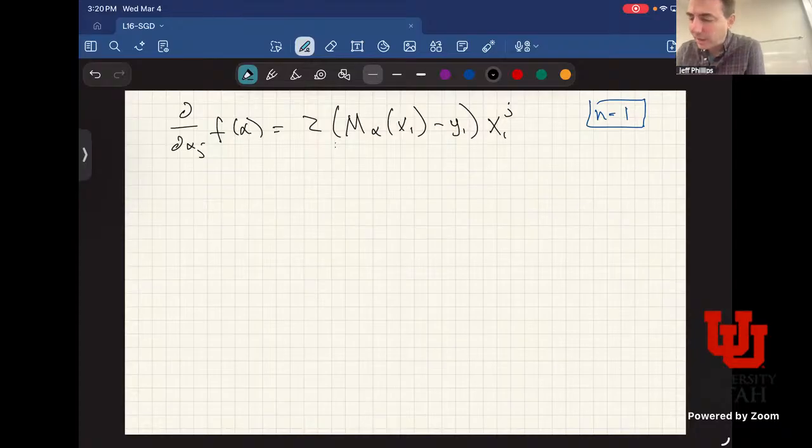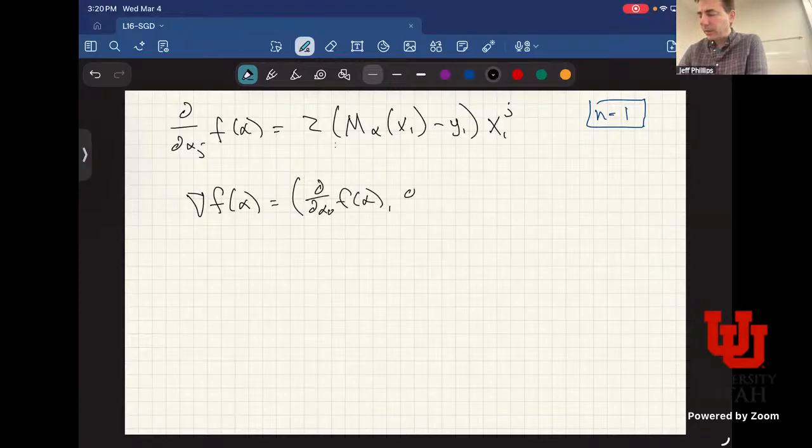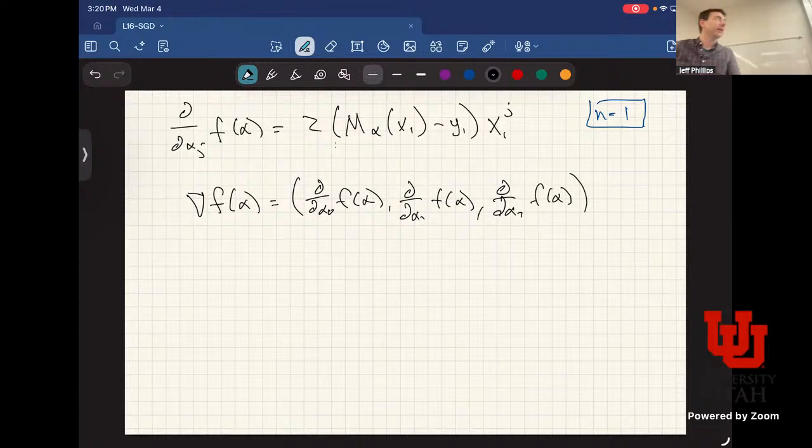So now I can write down that the overall gradient of f of alpha is going to be the derivative with respect to alpha 0 of f of alpha, the derivative with respect to alpha 1, and the derivative with respect to alpha 2, right? So that's the gradient.